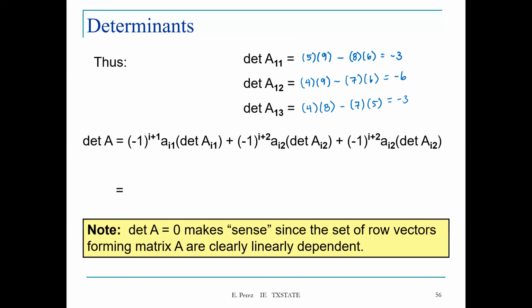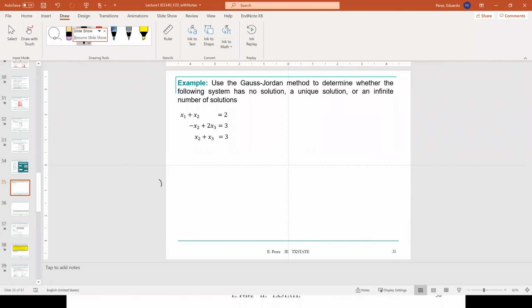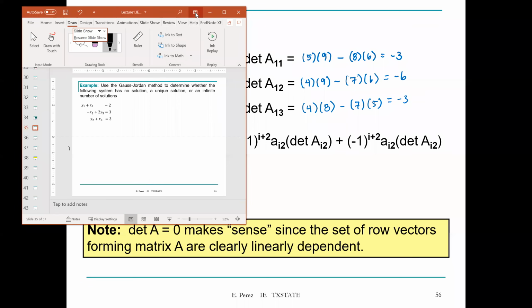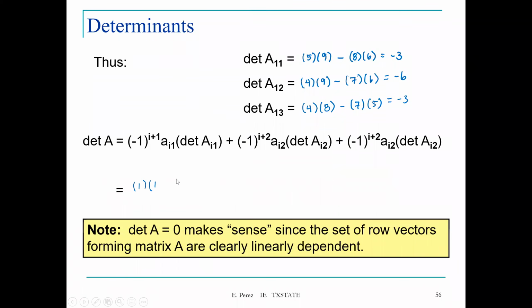So the determinant of A in this case will be equal to 1 times 1 times minus 3, plus minus 1 times 2 times minus 6, plus 1 times 3 times minus 3.